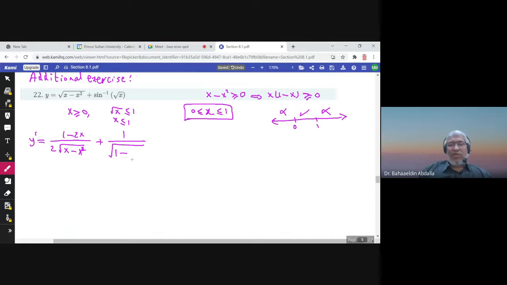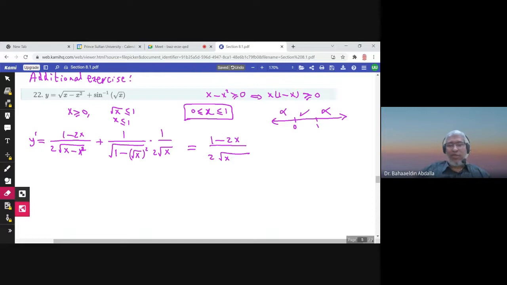I have sine inverse of square root of x, so this is square root of x all squared, times the derivative of the square root of x, chain rule, which is 1 over 2 square root of x. Now, I have 1 minus 2x over 2. If you notice, this is the square root of x times 1 minus x.